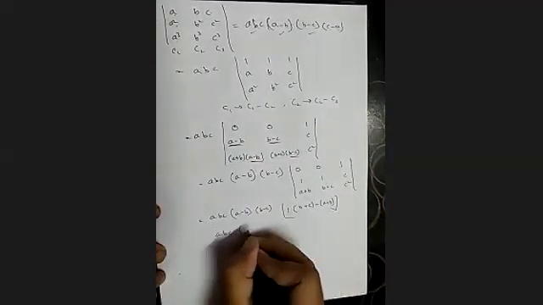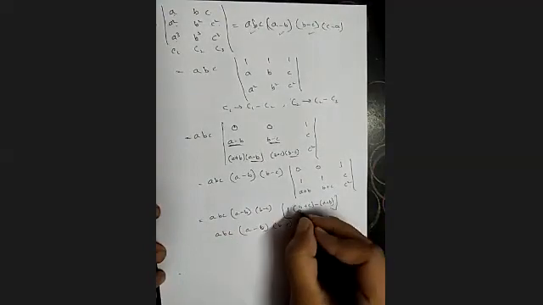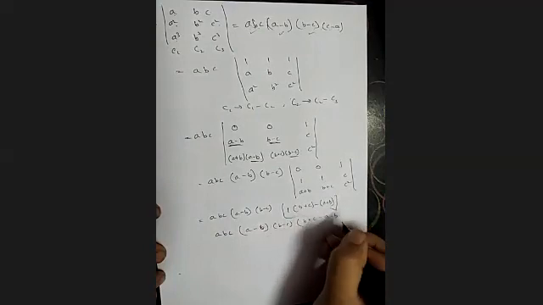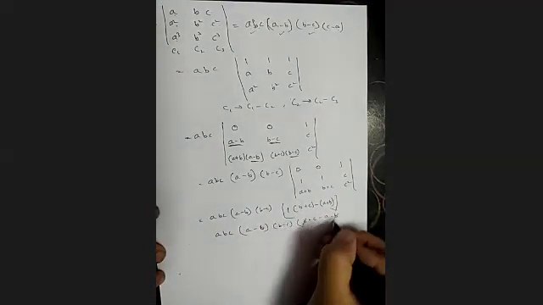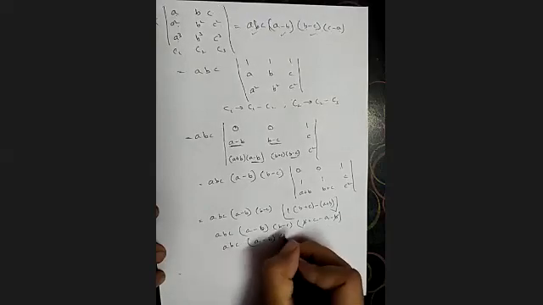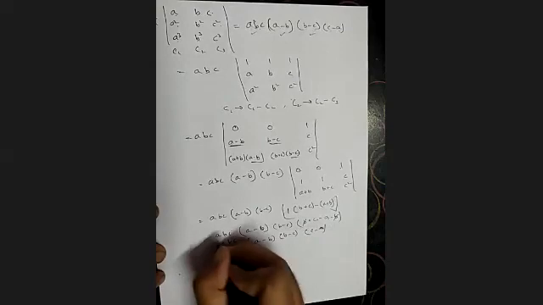So abc into (a minus b)(b minus c), then (b plus c minus a minus b). Plus b minus b cancel, c minus a will be left. So abc (a minus b)(b minus c)(c minus a). Okay, hence proved.